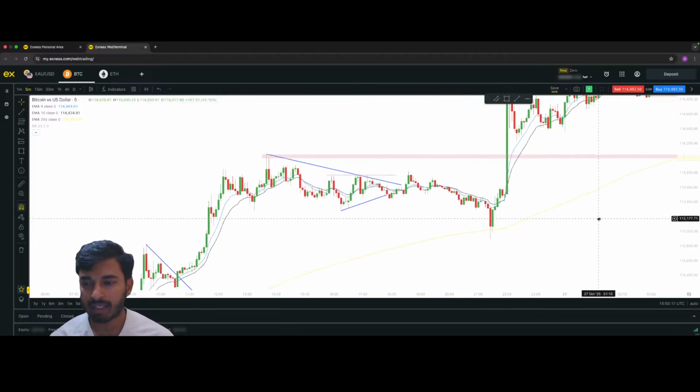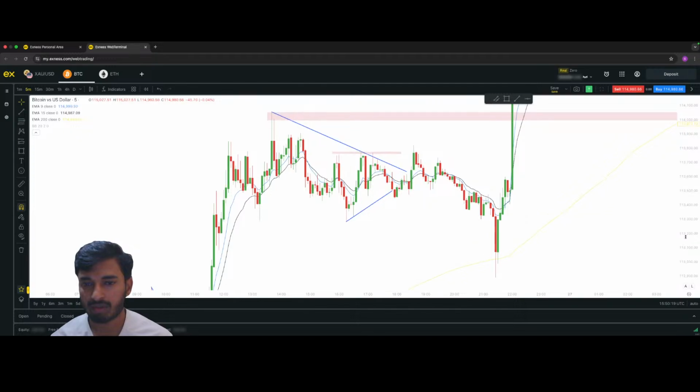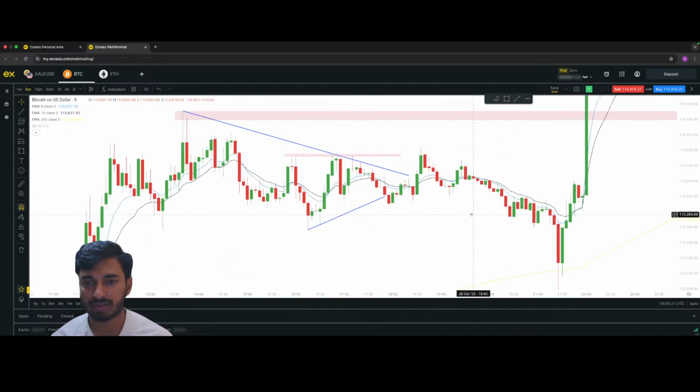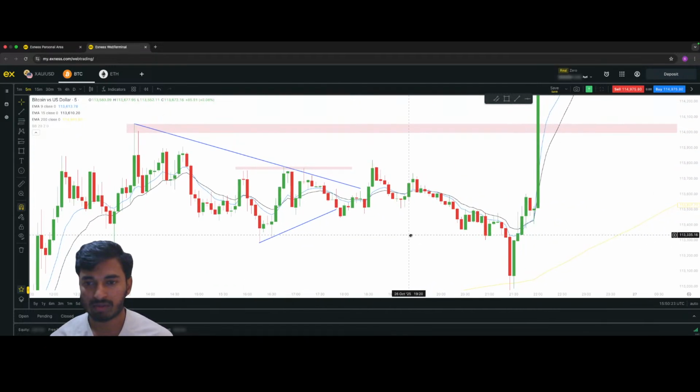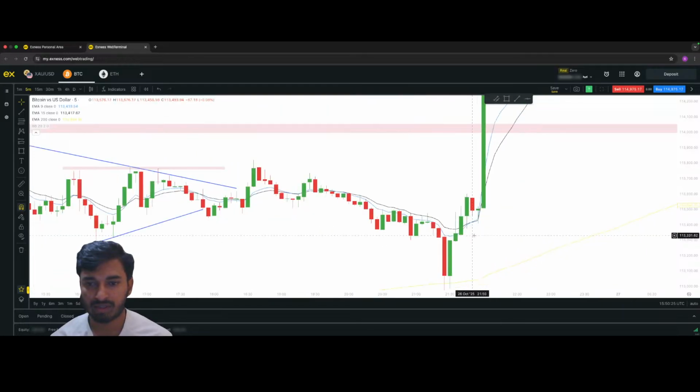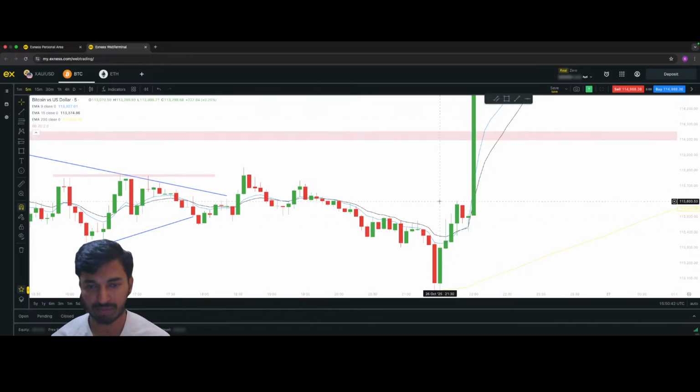And the 9 and 15 EMA, I use for support and resistance. This blue color is the 9 EMA, the black color is the 15 EMA. If the blue 9 EMA crosses above the 15 EMA, then the market will be bullish.